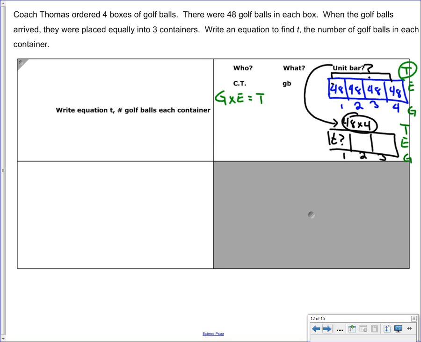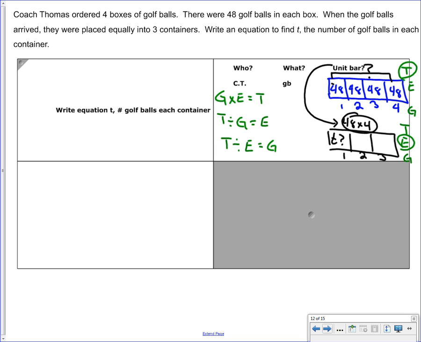We will figure it out. But what we're actually looking for, where our question mark is, is our each. So total divided by groups equals each. And we'll write the other one just to be thorough again. Total divided by each equals groups.